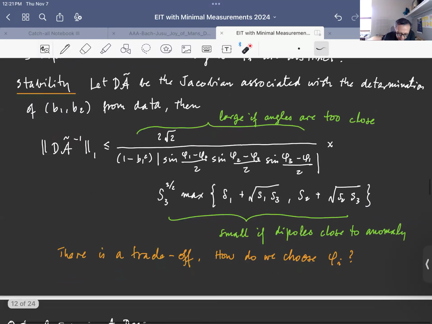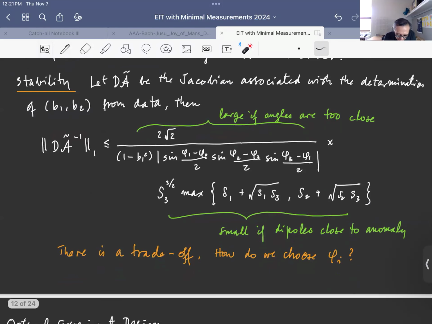And there's a bound that we can calculate, an estimate of the size of the inverse of the Jacobian. And it has 2 terms. One term, this one, is small if the dipoles are close to the anomaly. And the next term becomes large if the angles are too close to each other.